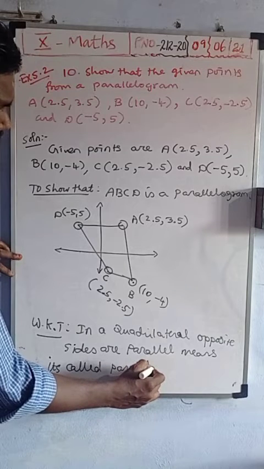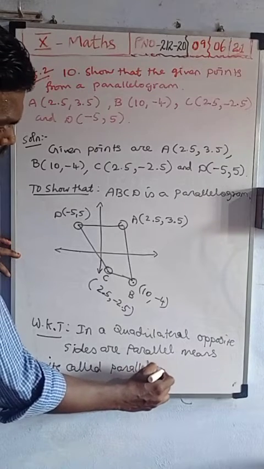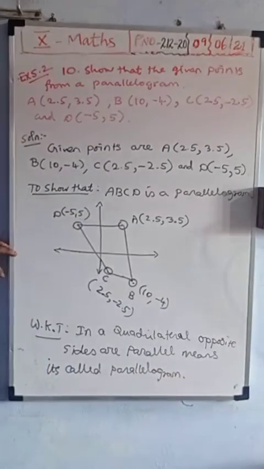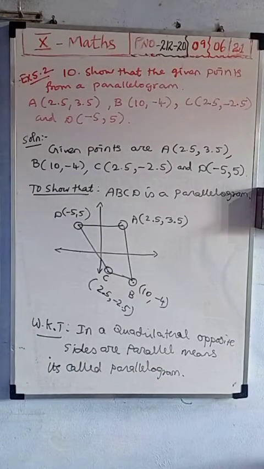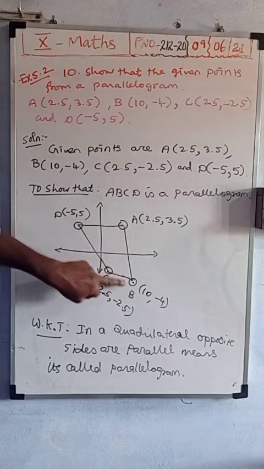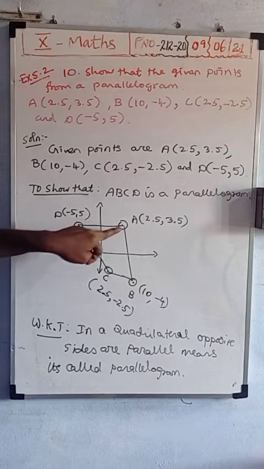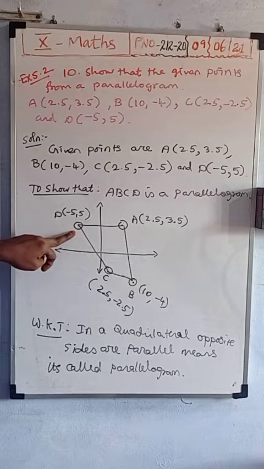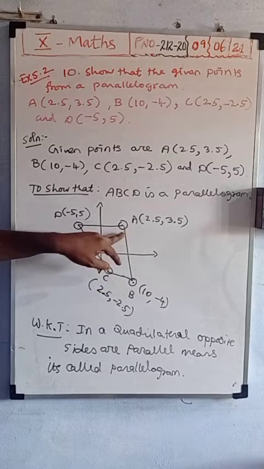So see, in a quadrilateral, opposite sides parallel means it is called a parallelogram. Opposite side means what? AB opposite side is CD, and BC opposite side is AD.